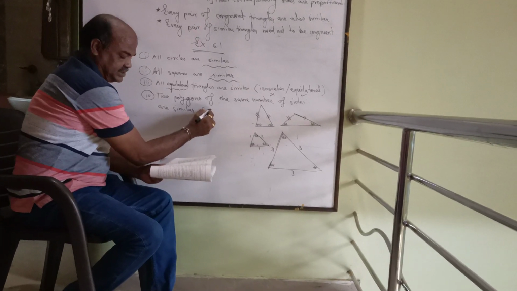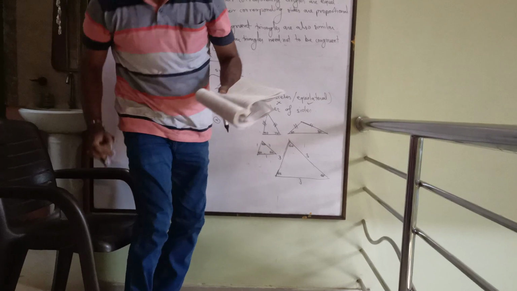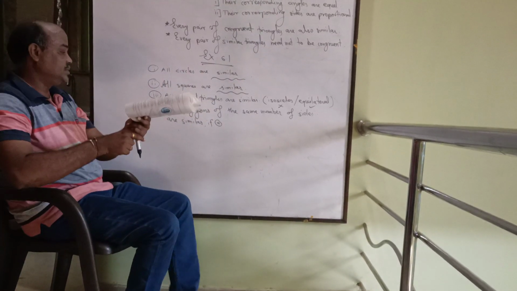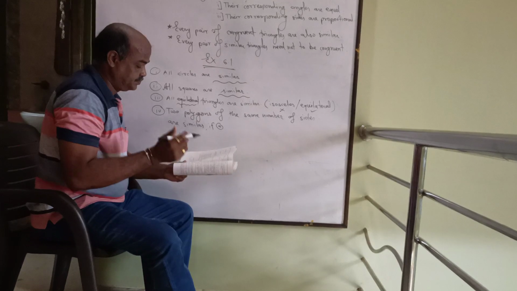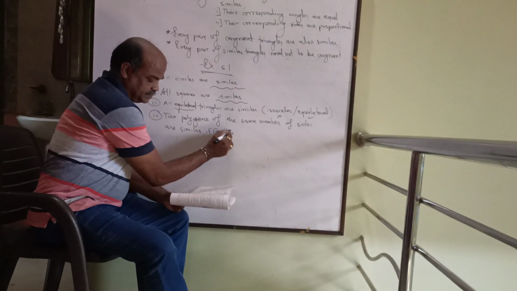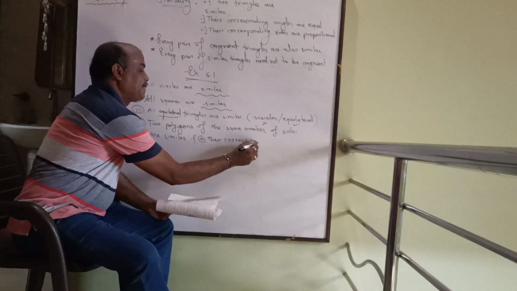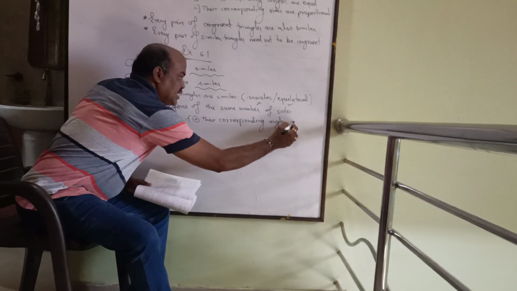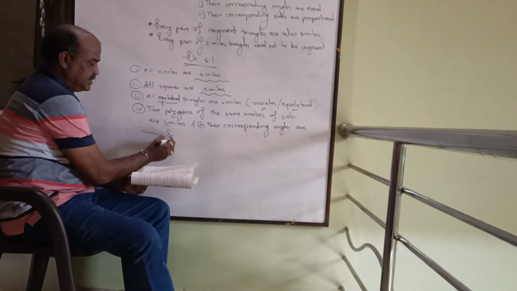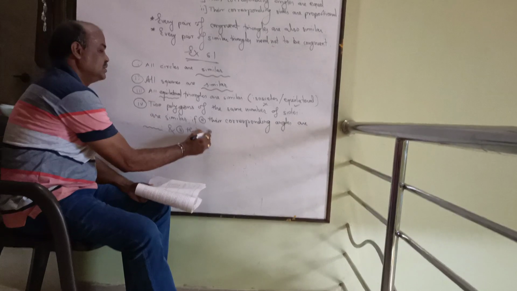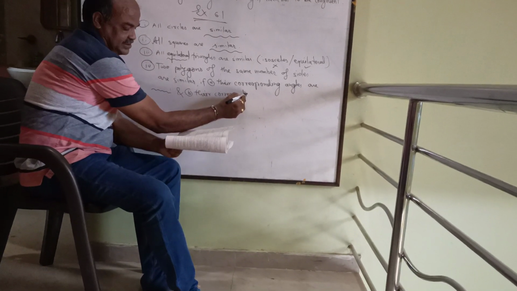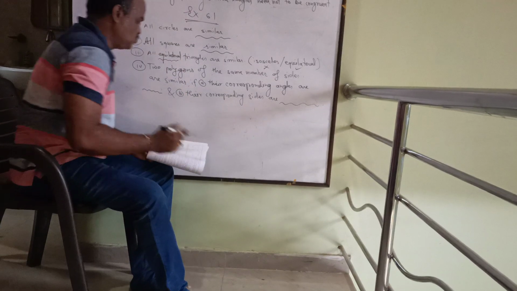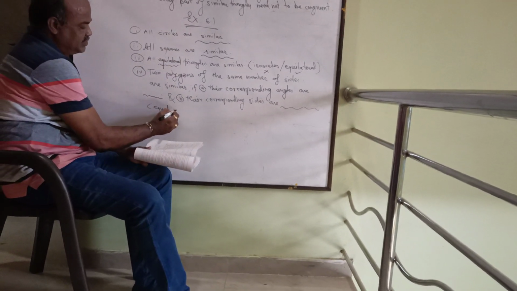Condition is given: if A, their corresponding angles are blank, and B, their corresponding sides are, once again blank, and two options as usual, equal and proportional.